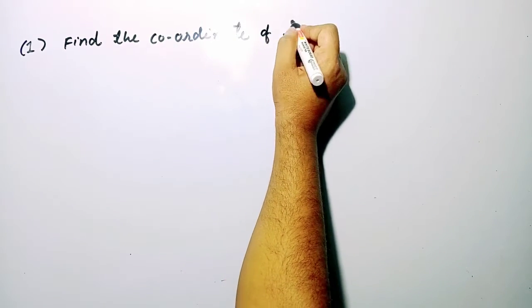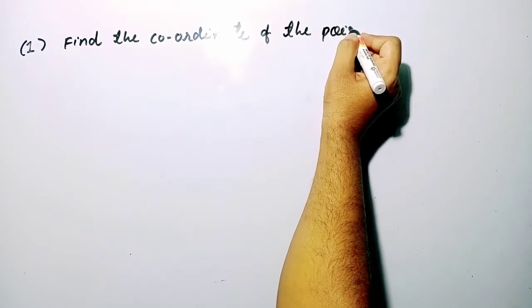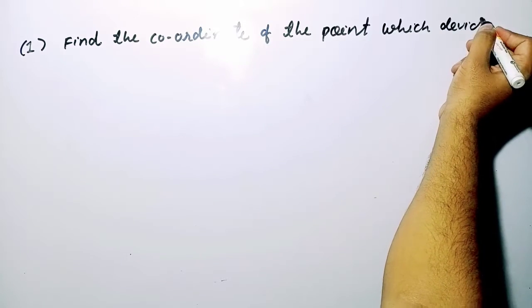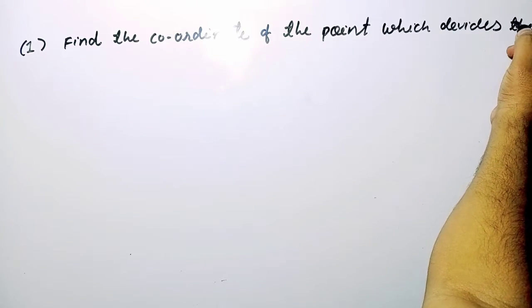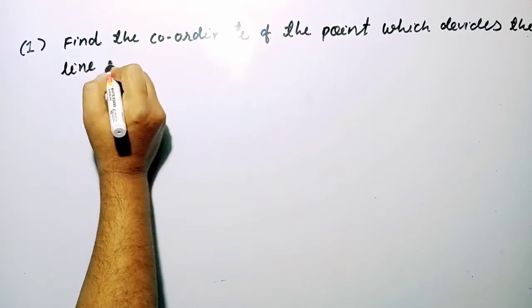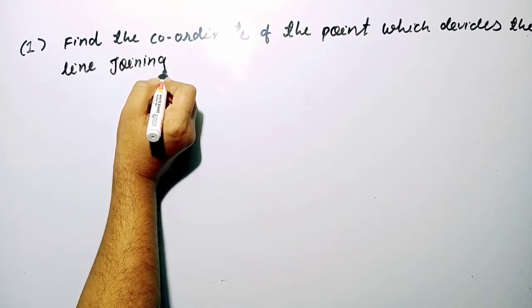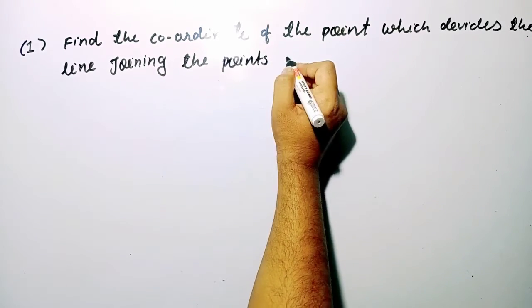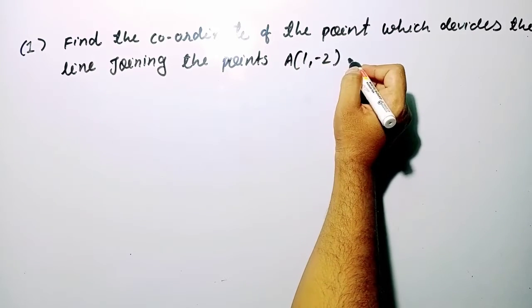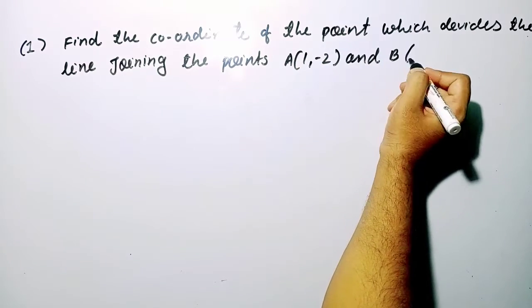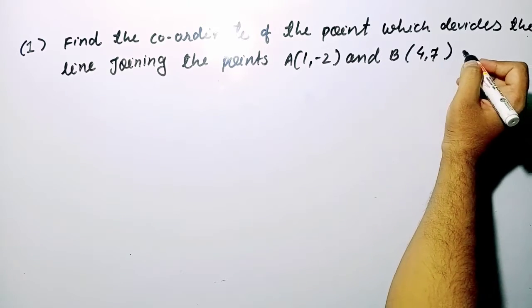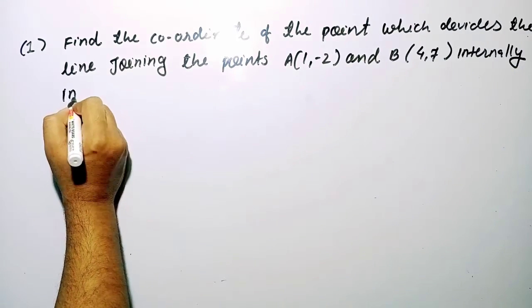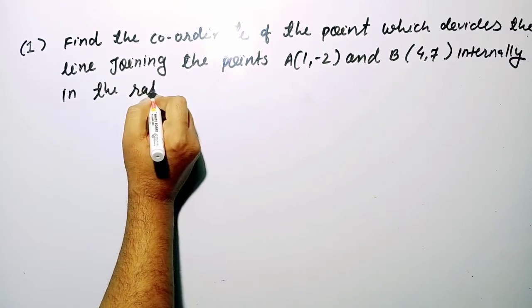Now the first question: the coordinate of the point which divides the line joining the points A(1, -2) and B(4, 7) internally in the ratio 1:2.